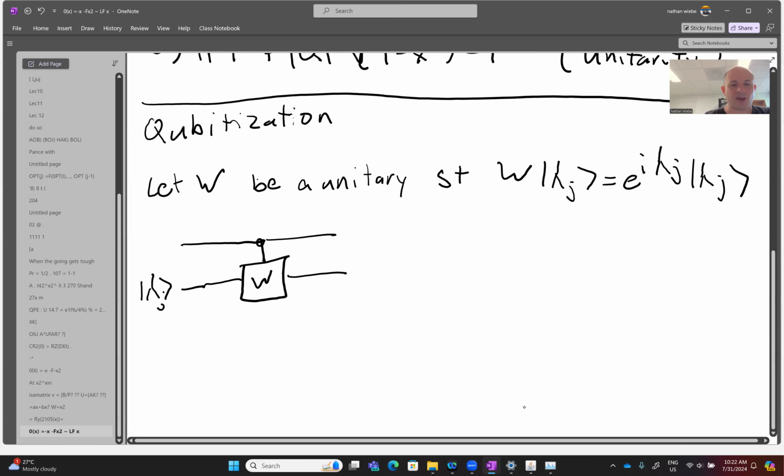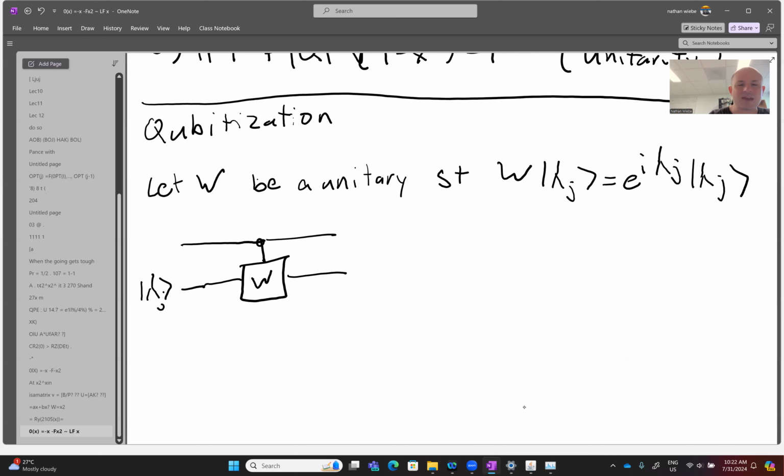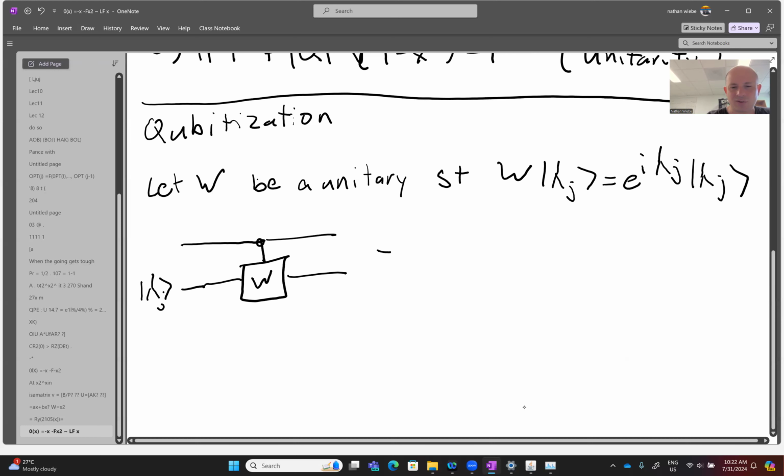Well, this circuit is actually pretty straightforward to think about. We can say that this is equivalent to |0><0| tensor identity plus |1><1| tensor W, acting on identity tensor lambda j.